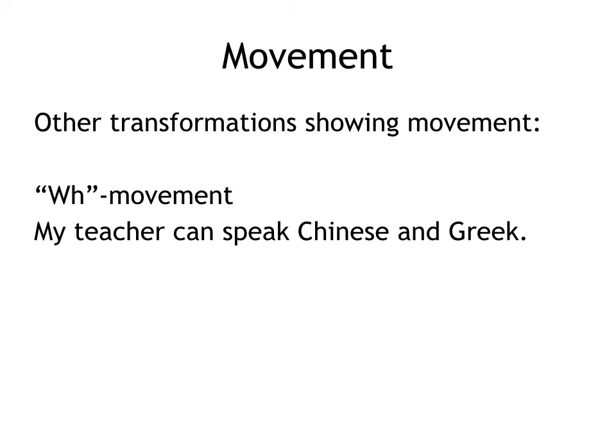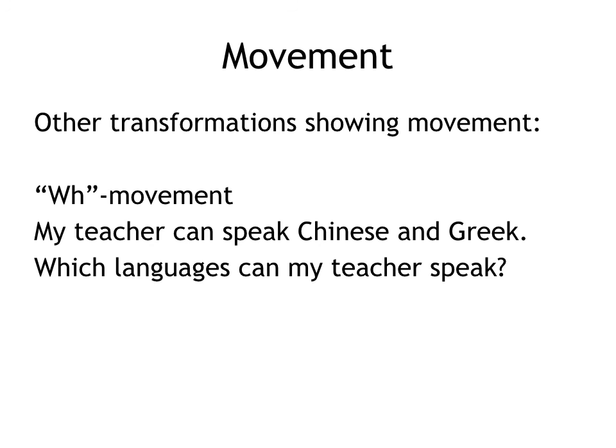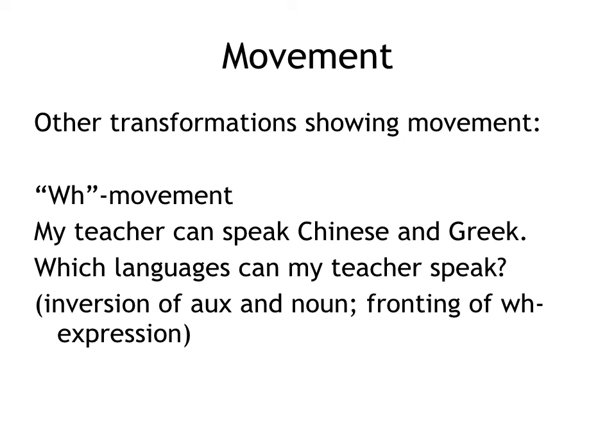That too would have many steps between the deep structure of what I want to say and the surface structure that we end up with, which is something like this. Which languages can my teacher speak? Again, you can imagine many, many complicated steps that we sort of perform instantaneously or nearly in our brains. But what's going on is an inversion of an auxiliary and a noun, fronting of a WH expression, among other components of that transformation.